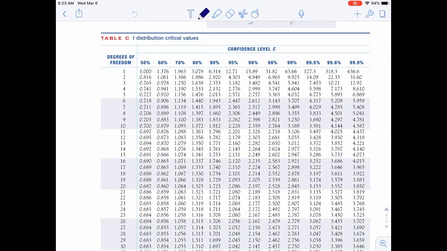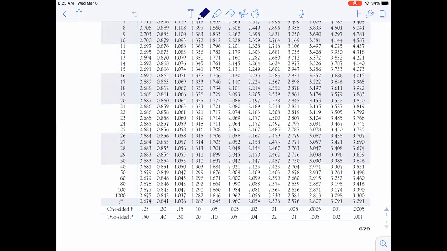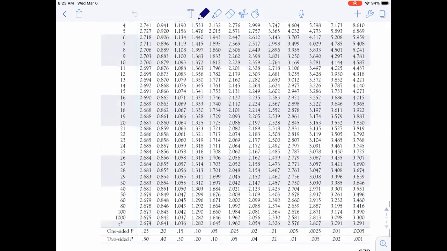We wanted a 95% confidence interval, I think, right? Yeah. So then we start up here at 95%, and then we scroll down, but only until we hit 60 degrees of freedom. Oh, how convenient. 2.000.